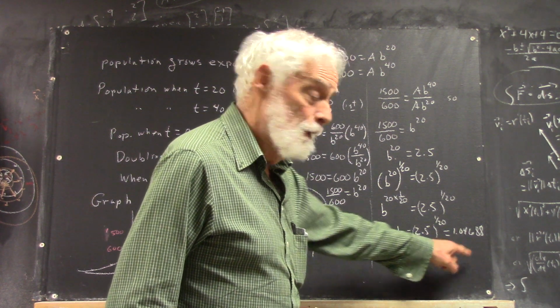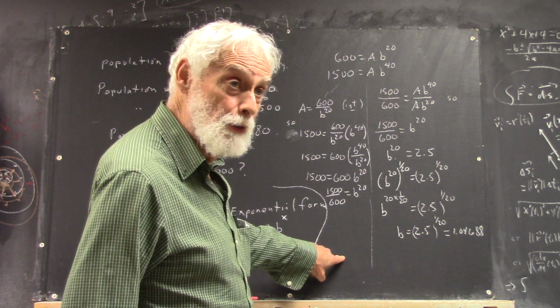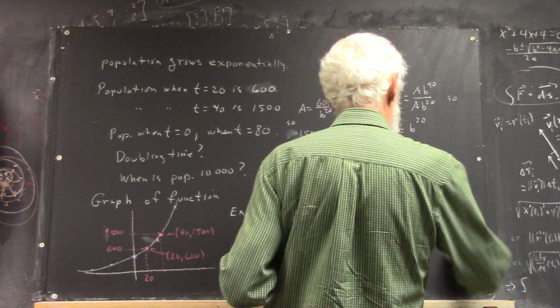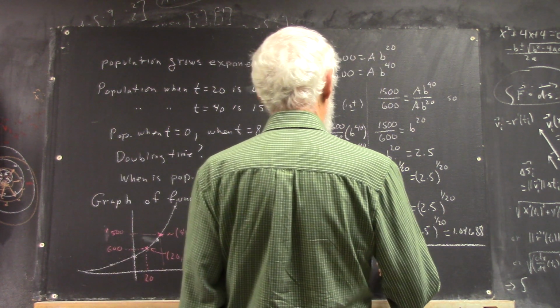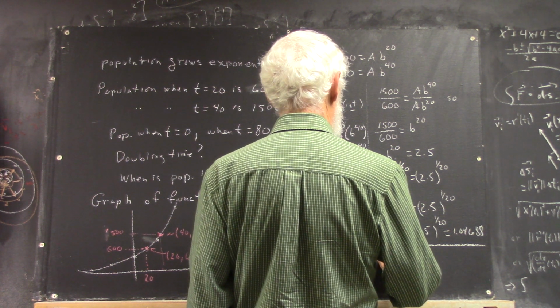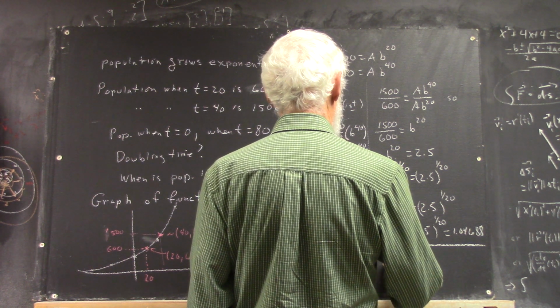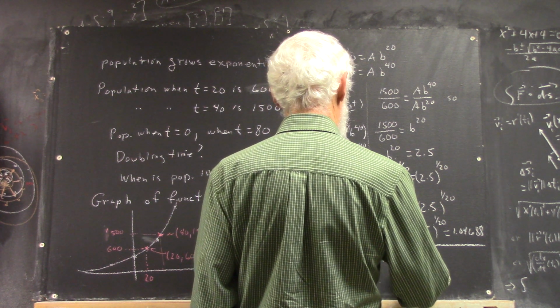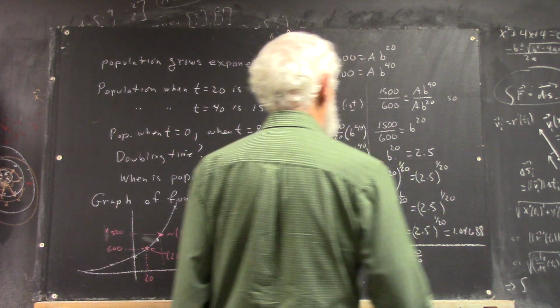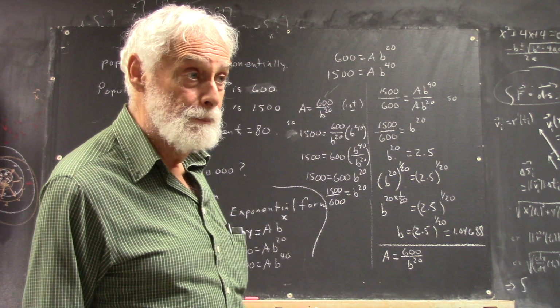And over here, of course, we're going to get the same thing. Now, A equals 600 over b to the 20th, right?